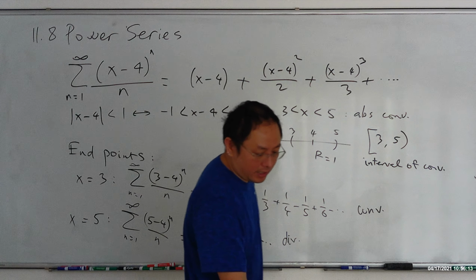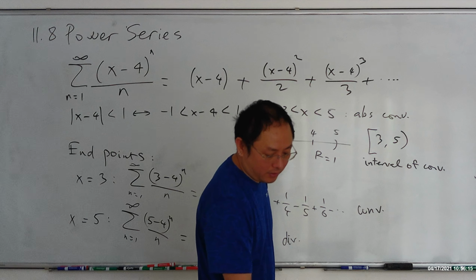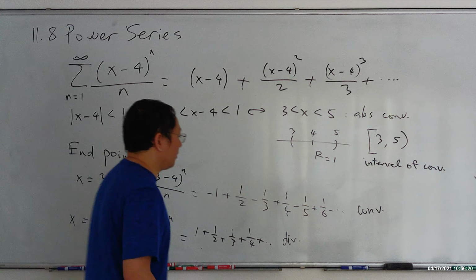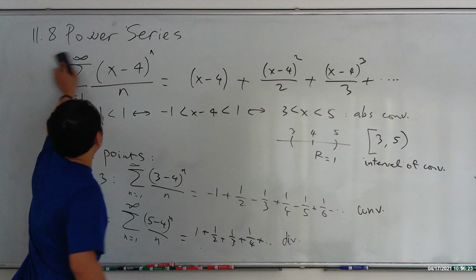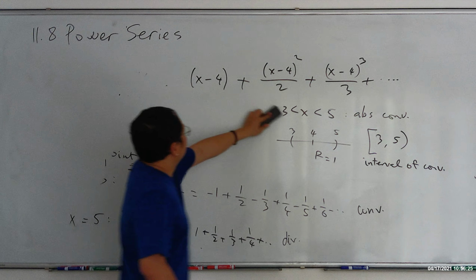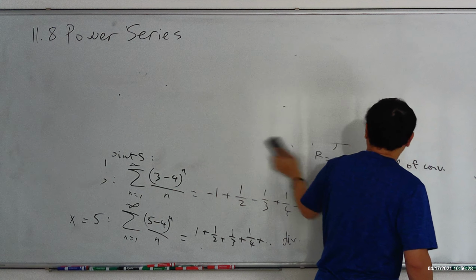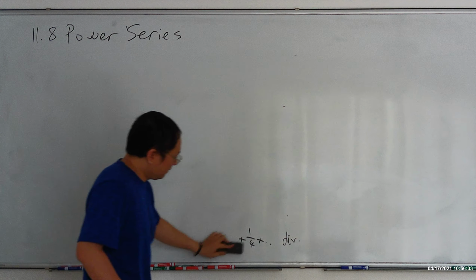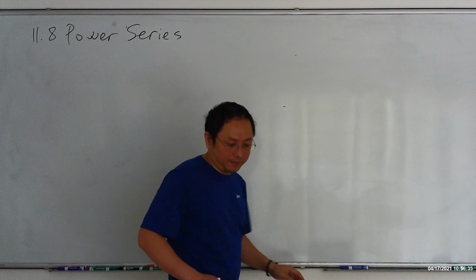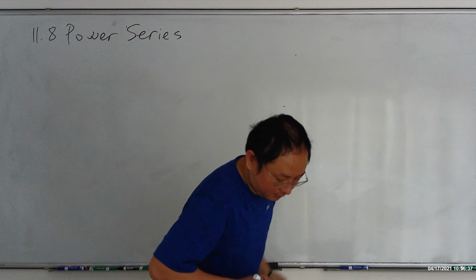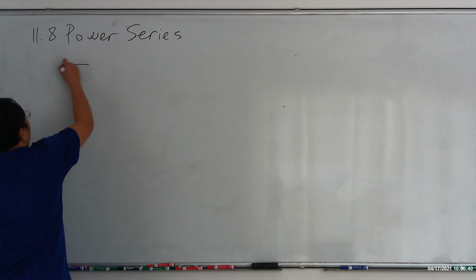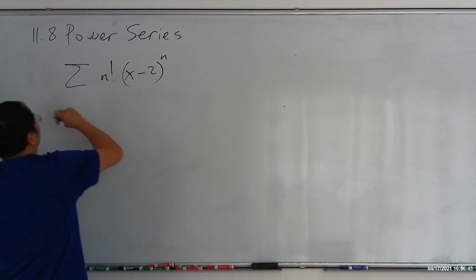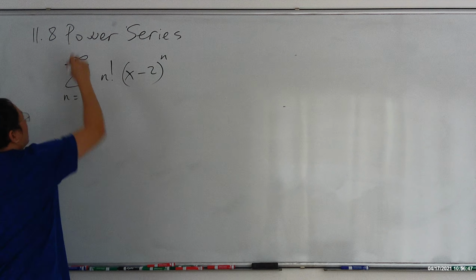Okay, let me give you another example. Let me show you an example where the series, I think, converges at just one point. How about this? The sum of n factorial times (x minus 2) to the n, n running from 0 to infinity.